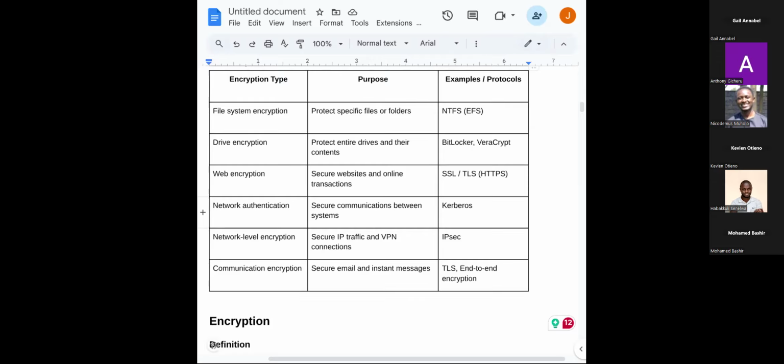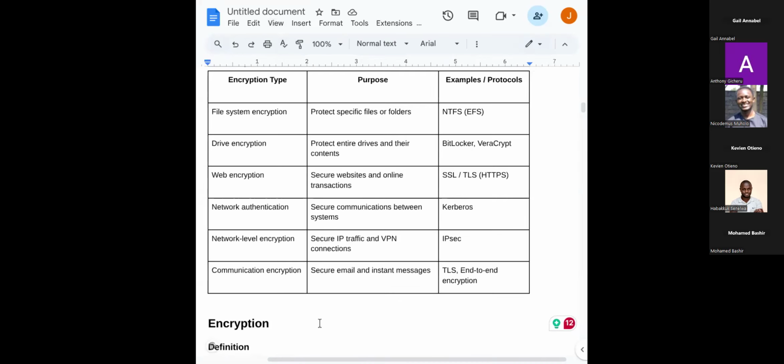Then network authentication secures communications between systems. An example is Kerberos. Then network-level encryption secures IP traffic and VPN connections. An example is IPsec. Then communication encryption secures email and instant messages. Examples are TLS and end-to-end encryption.